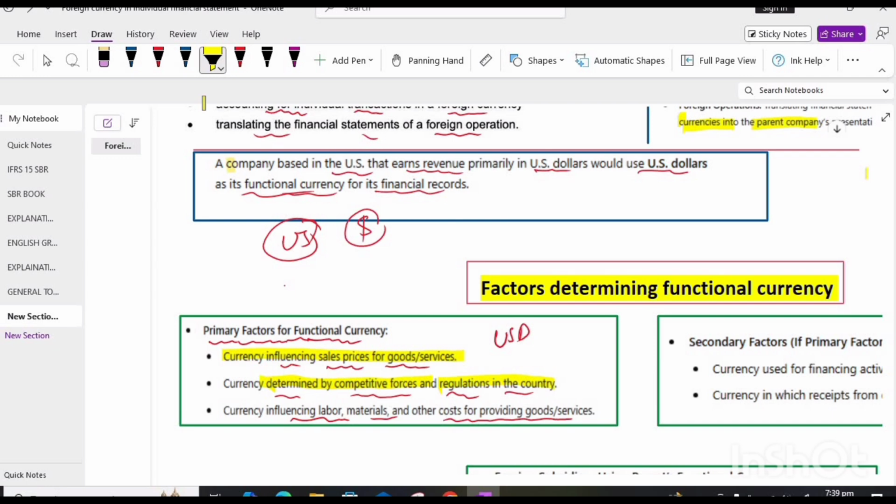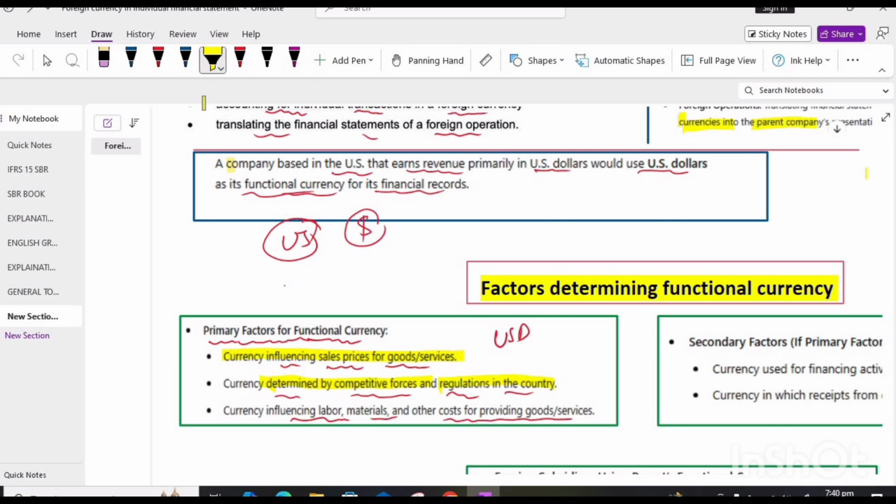Clear? So competitive force and regulation determine the price currency, and that is your functional currency. Simply put, domestic competition and rules influence pricing, affected by local market demand and supply.